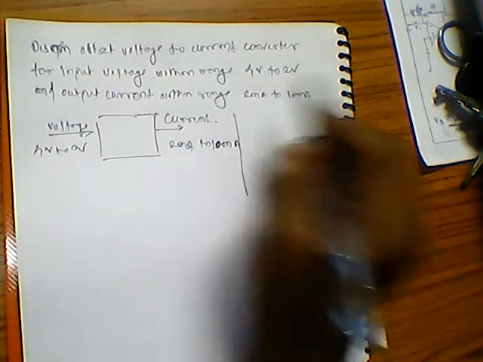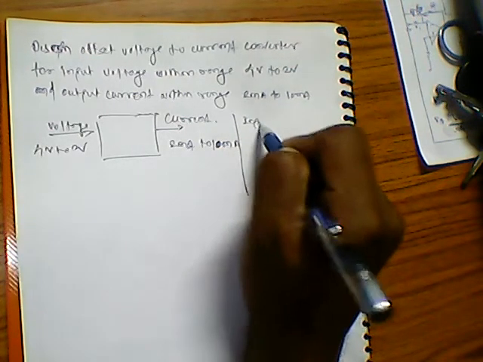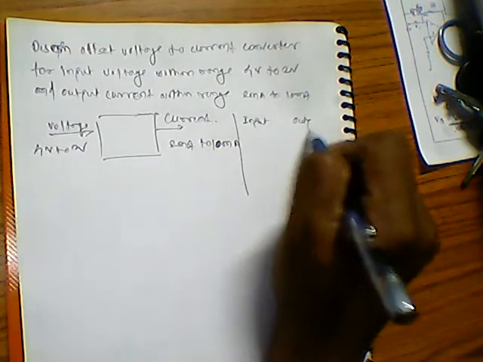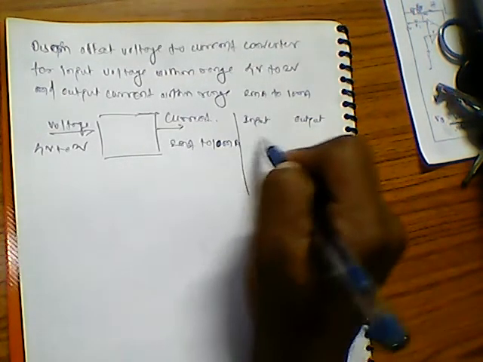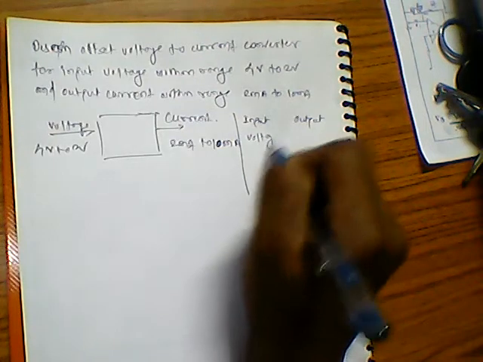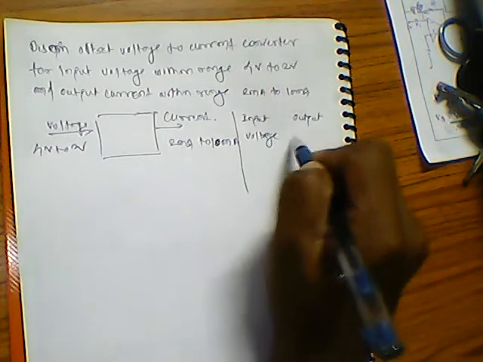So if we write here what is input and what is output, we will get that input is voltage, output is current.